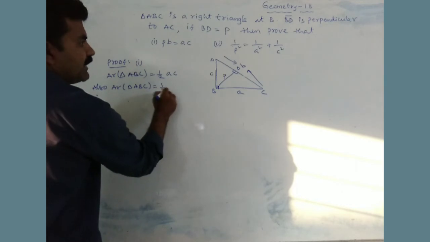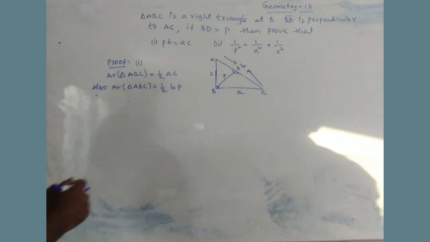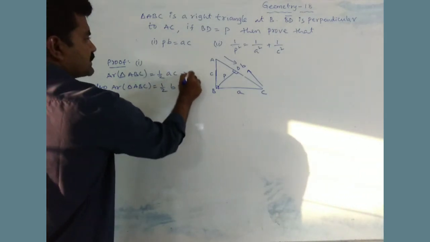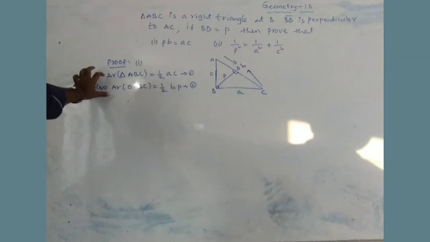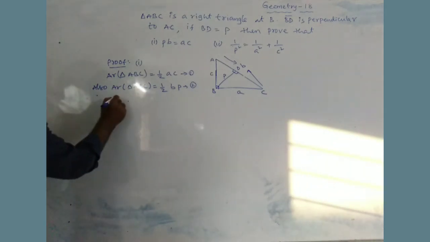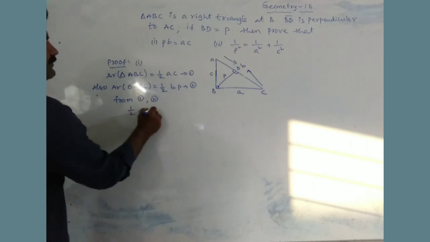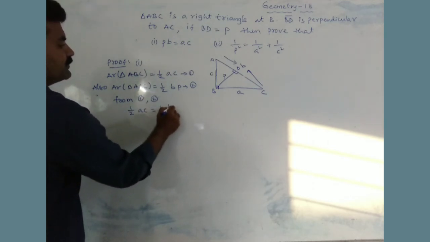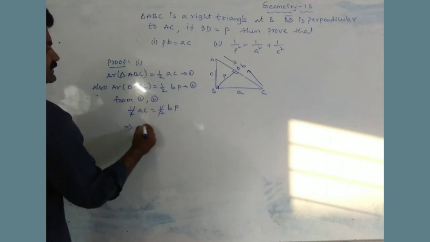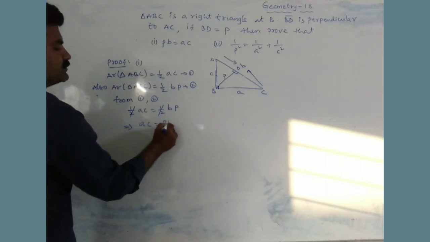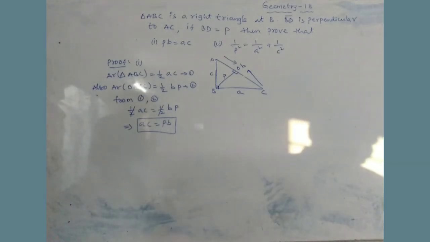So I can write it here half into base is b and height is P. Say them as condition 1 and condition 2. And you know both are areas of the same triangle. Hence I can equate them. From 1, 2, I can write that half of AC is equal to half of BP. Half cancel. That's what I can say that AC is equal to BP. So first condition true.